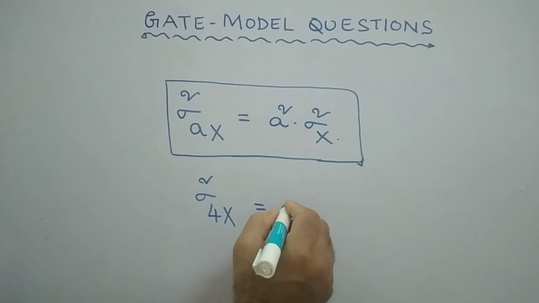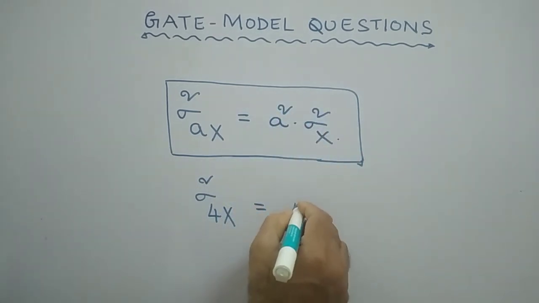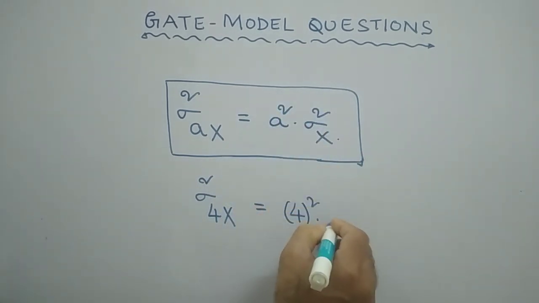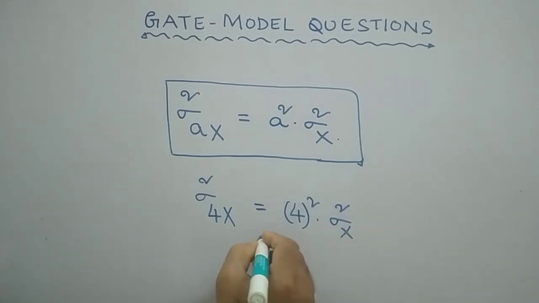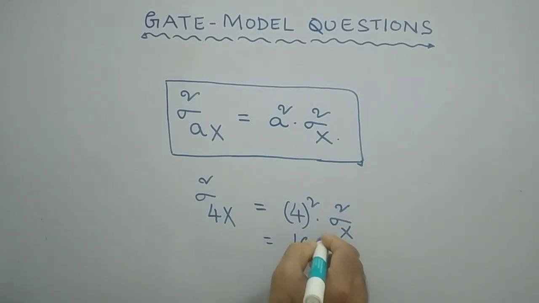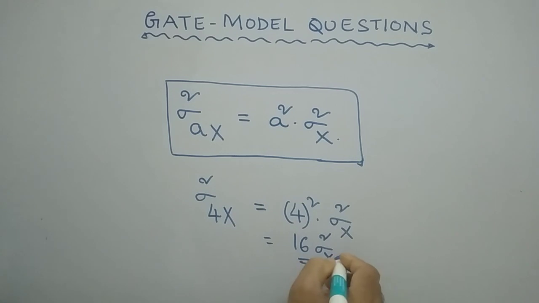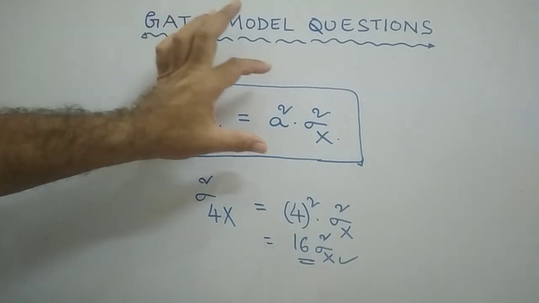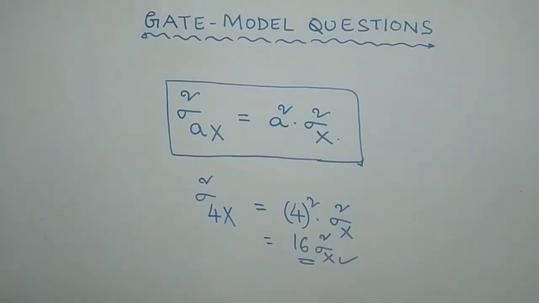As per this formula, 4 square into sigma square of x. What is 4 square? 16. Therefore, 16 sigma square of x. That's it, this is the answer. Therefore, you need to remember the formula. I hope you understood this, and this is one of the important properties of the variance, right?